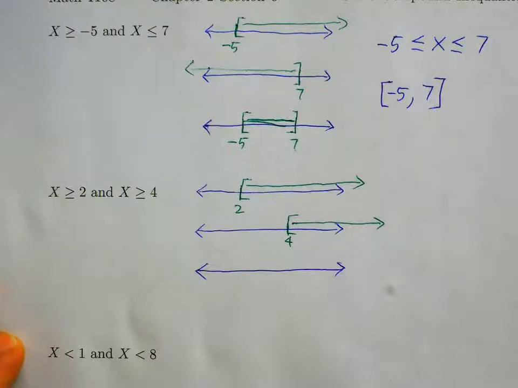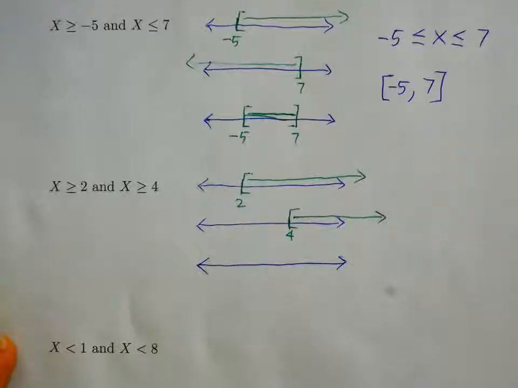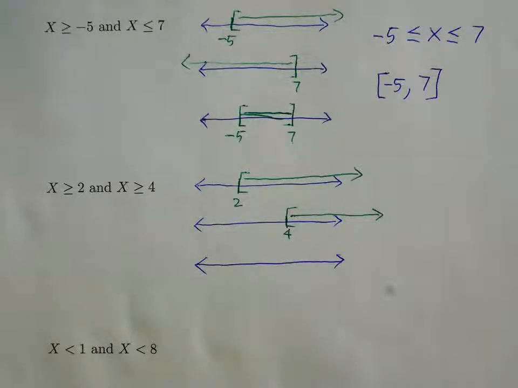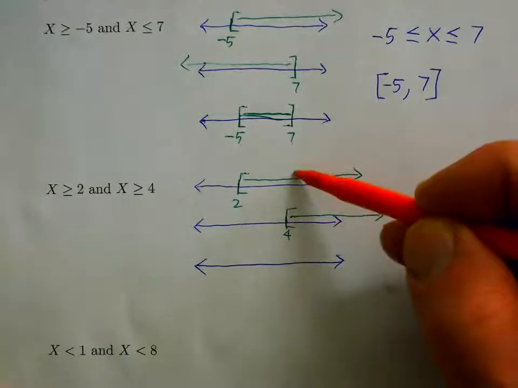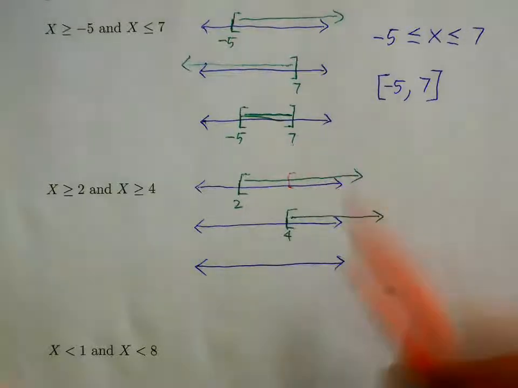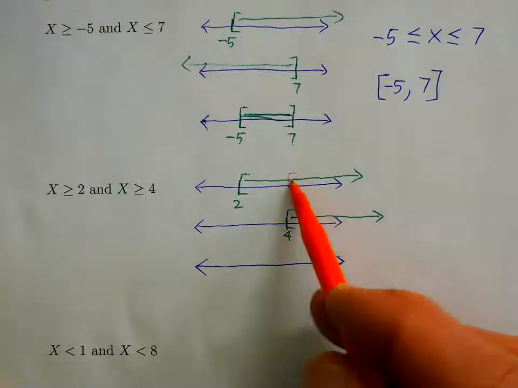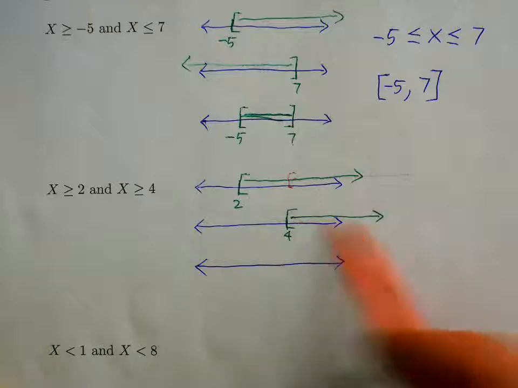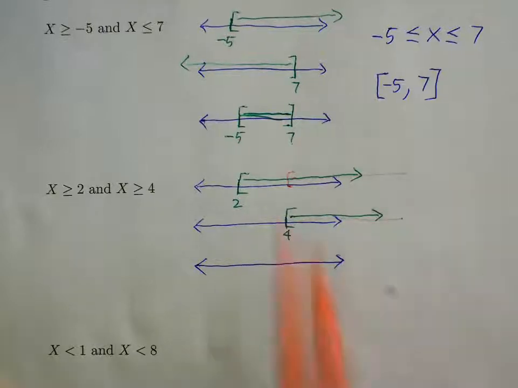Where do the lines overlap? The only overlap is from 4 to infinity, right? This other part does not overlap.